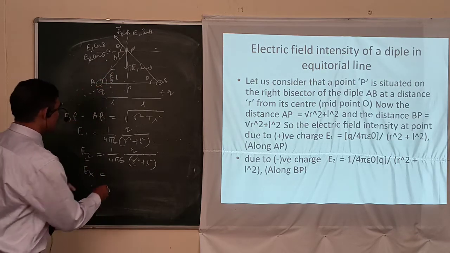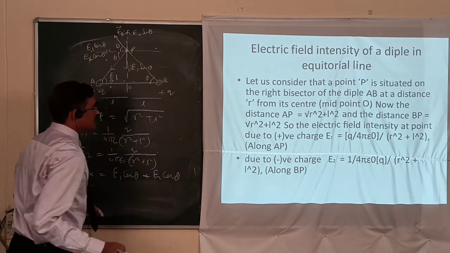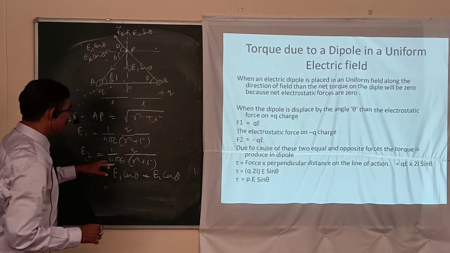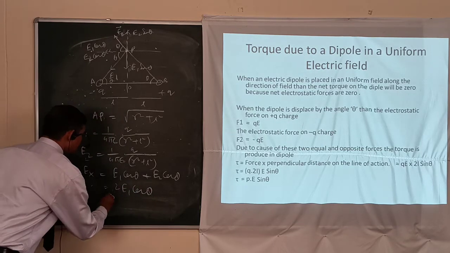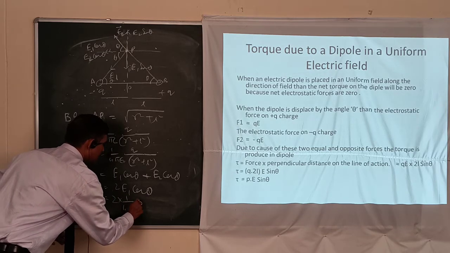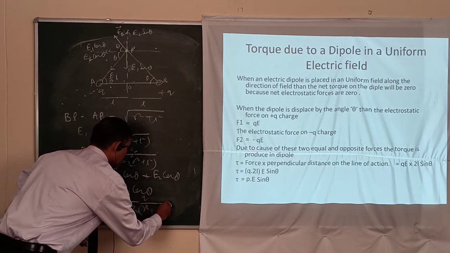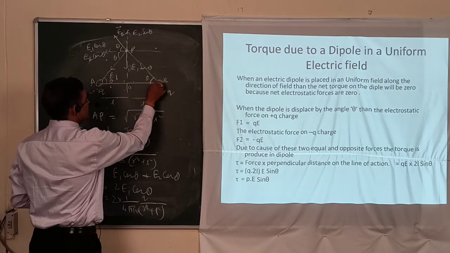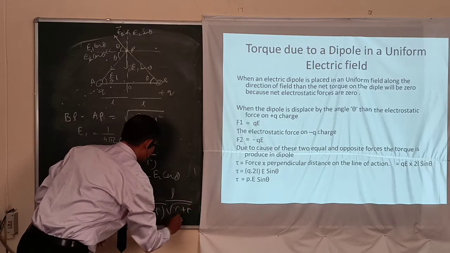Ex will be E1 cos theta plus E2 cos theta, and since the values of E1 and E2 are the same, it will be 2 E1 cos theta. When we put the value here, that makes 2 times 1 upon 4 pi epsilon naught Q upon r square plus L square, and the value of cos theta we can put from here, that is base upon hypotenuse, L upon under root of r square plus L square.